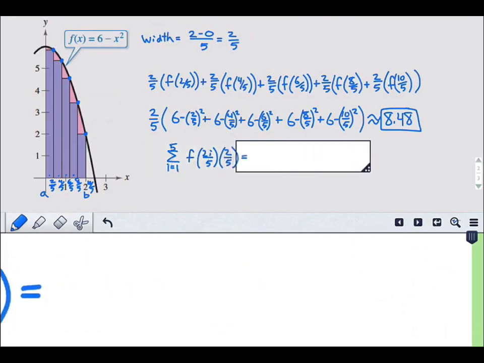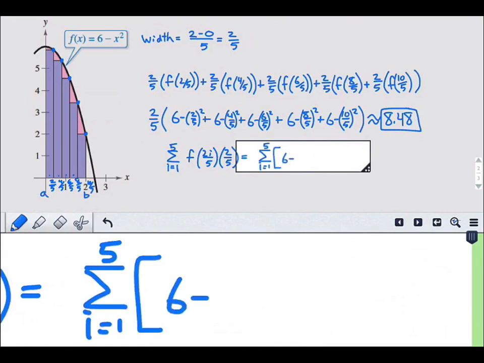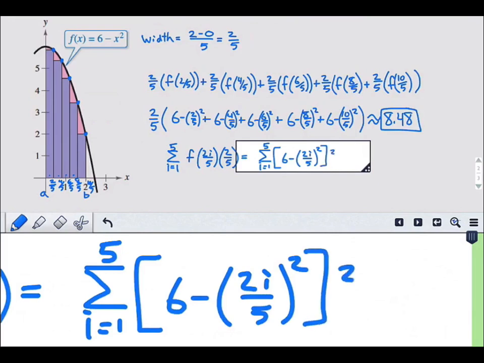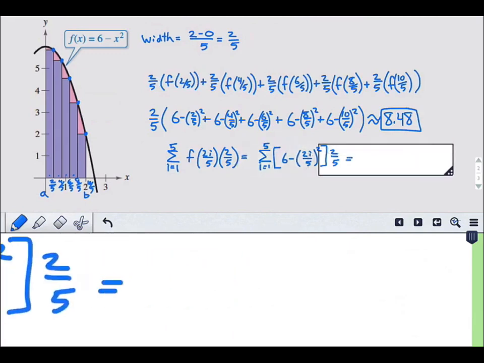This would have given us the summation from i equals 1 to 5 of 6 minus (2i over 5) squared, times 2/5. Then we could have found our sum using our n formulas, just like we had done before. We could have squared our 2i over 5 and factored out our 2/5.